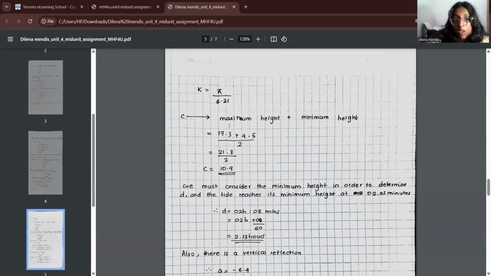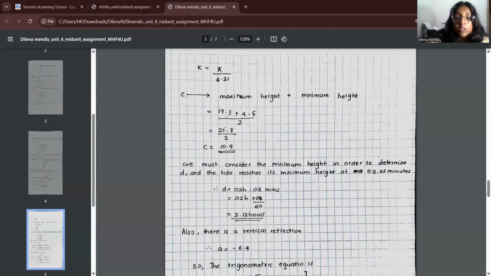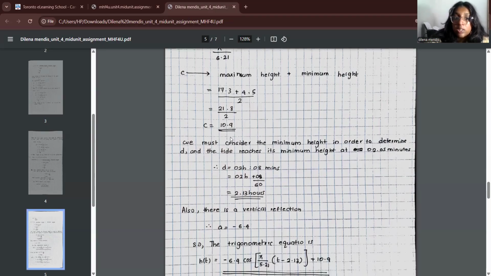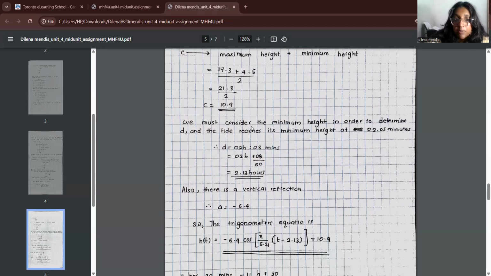c is the maximum height plus minimum height divided by 2. Therefore, 17.3 plus 4.5 divided by 2 will give 21.8 over 2, which is 10.9. We must consider the minimum height in order to determine d, and the tide reaches its minimum height at 2:08.